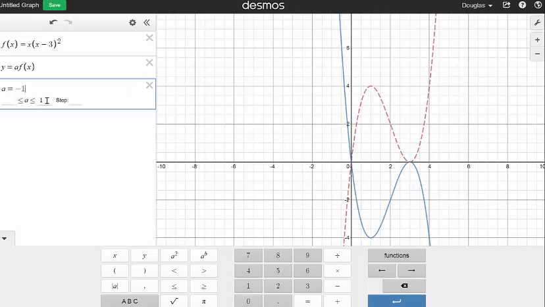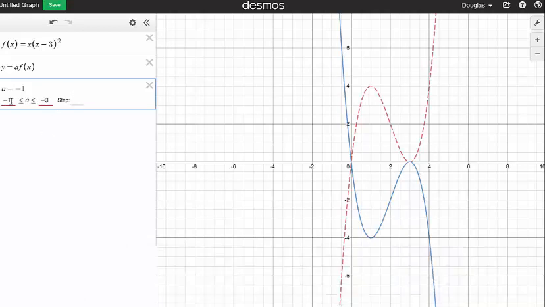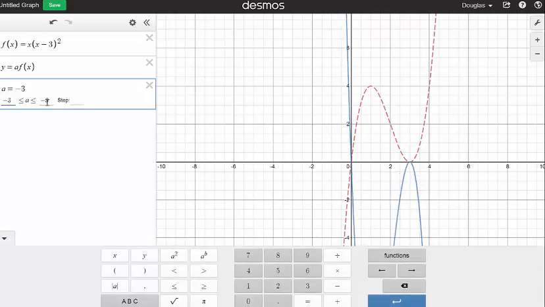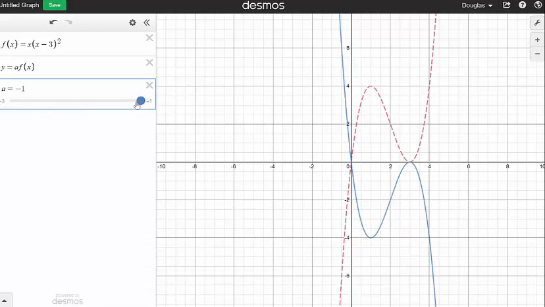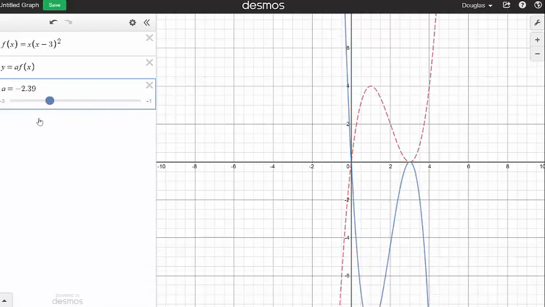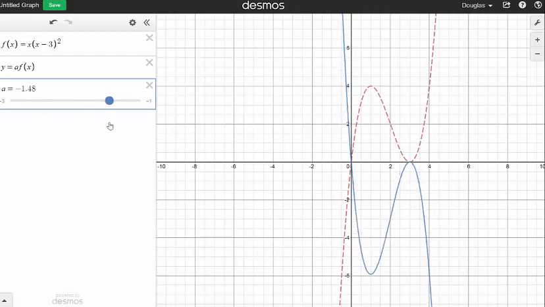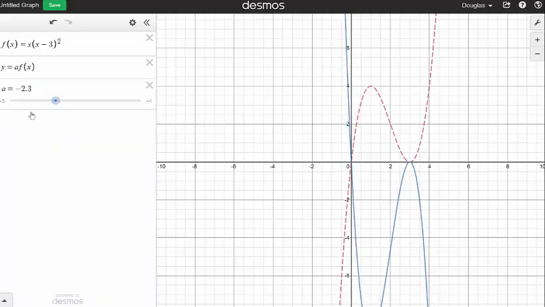Alright, that's what that does, and if we were to stretch this out any, there we go. As we go further down, it's got the same effect. What does that negative do? It just reflects it downward into the other half, right? And so that's how that is affected.